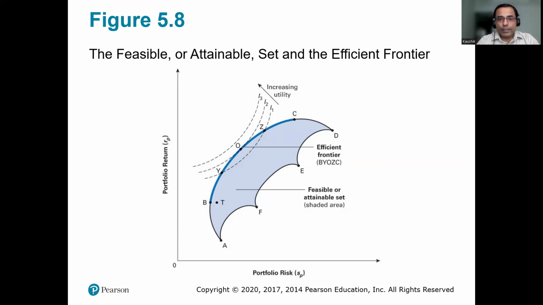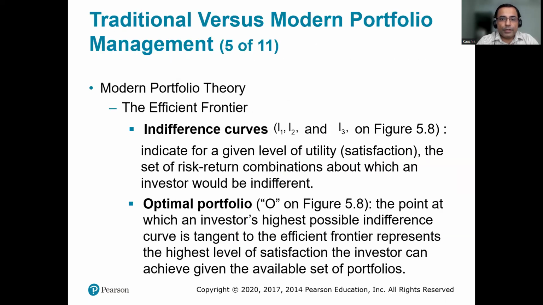Now what we do is we create indifference curves. An indifference curve is a level of satisfaction for the investor for different risk return combinations. So the investor gets the same amount of satisfaction from different risk return combinations and hence is indifferent between any of these combinations.